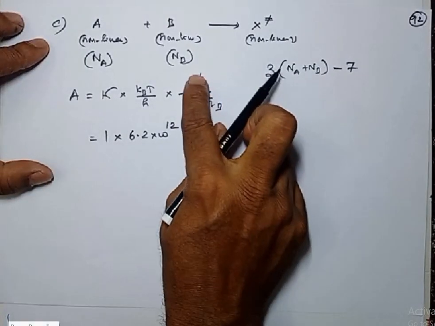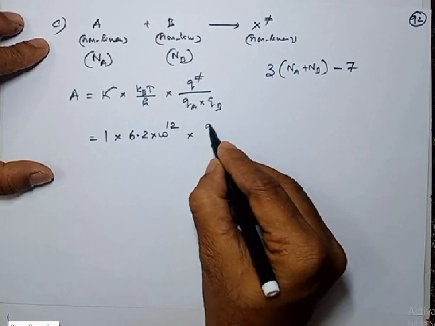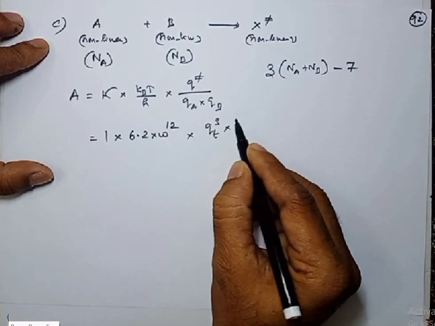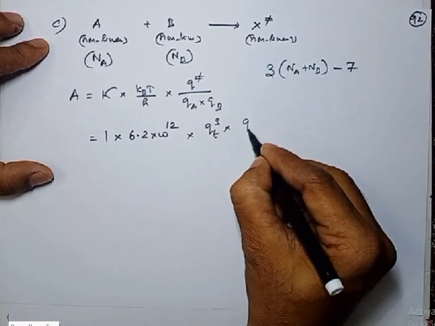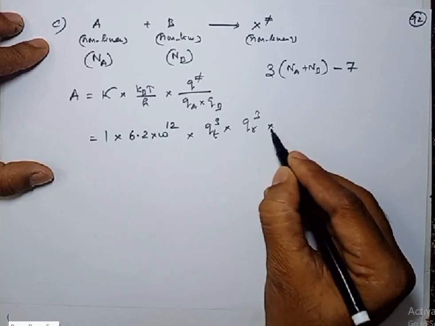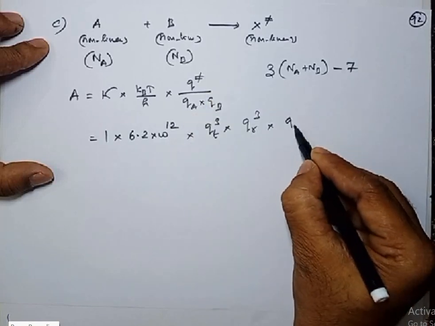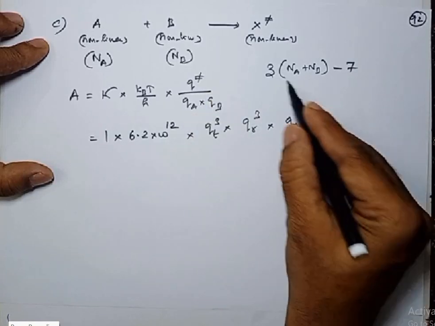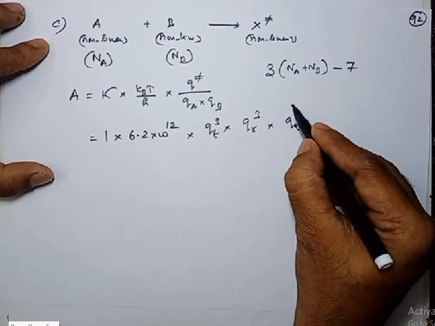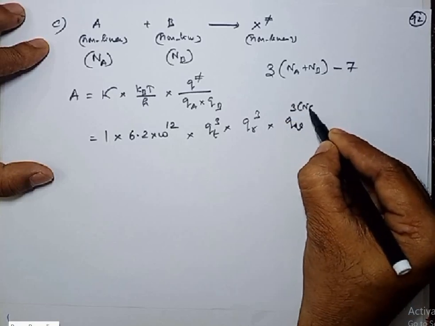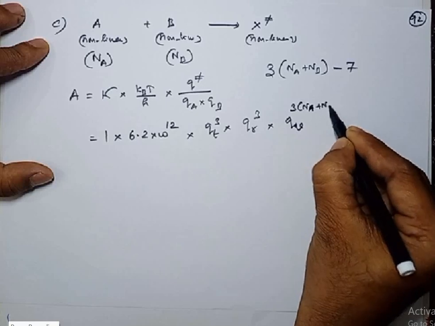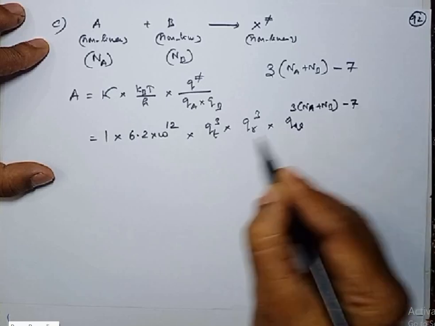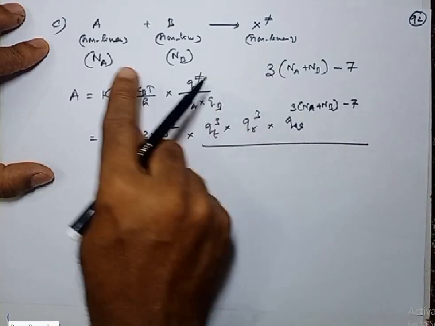You know very well, any species has 3 translation, so QT cube, and it is non-linear, so 3 rotation, and the number of vibration QV is 3 into Na plus Nb minus 7.